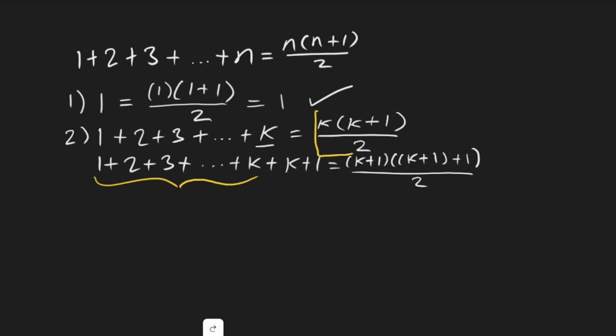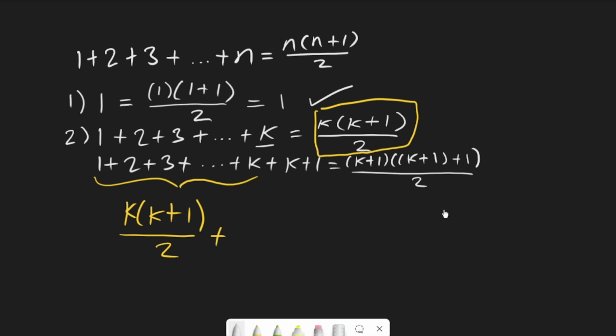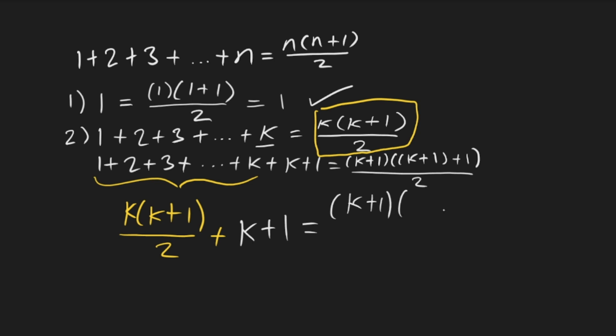So we can actually just write k times k plus 1 divided by 2 plus k plus 1 equals k plus 1 times k plus 1, plus 1, divided by 2.